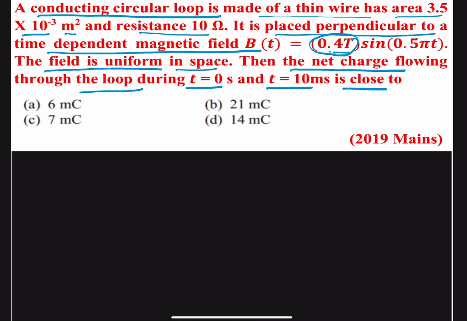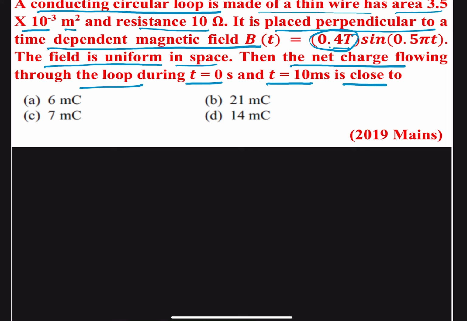So in this case we are given a field, and we can start from our area of loop, which is given to us. First of all we are going to find out the flux, and from the flux we are going to find out the EMF, and that is going to give us further the current.